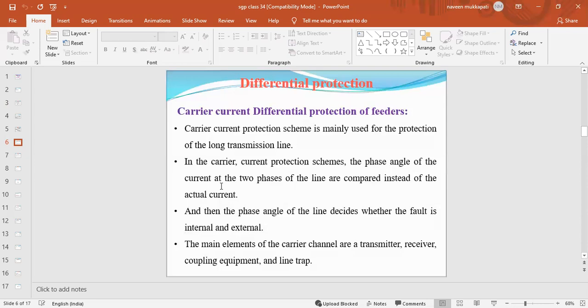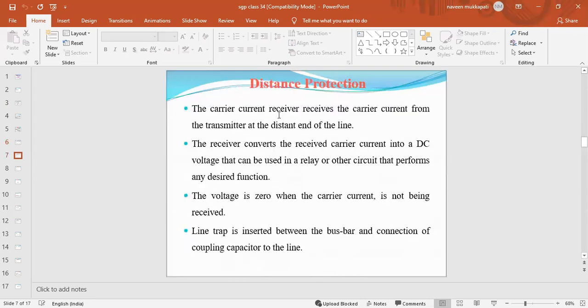The main elements of the carrier channels are transmitters, receivers, coupling equipment and line traps. These are the main elements in the case of carrier current differential protection.